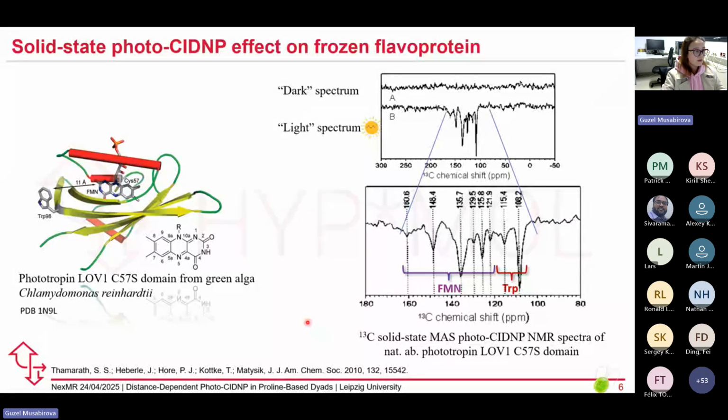But here there is an interesting example of one more protein where different distances between tryptophan and flavin were investigated. This was done in the work of Yonghong Ding. There was a proposal that the photo-CIDNP enhancement depends on the distance between flavin and tryptophan.